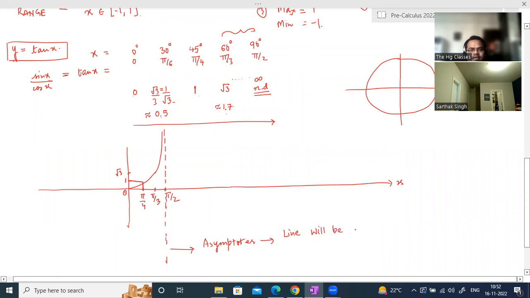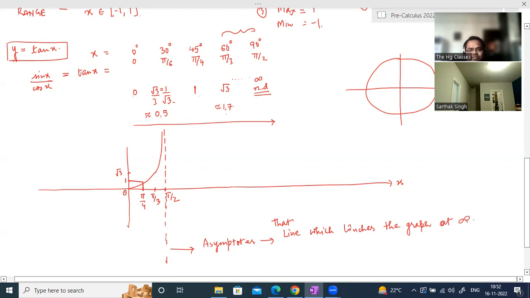Line will be that line which touches the graph at infinity.